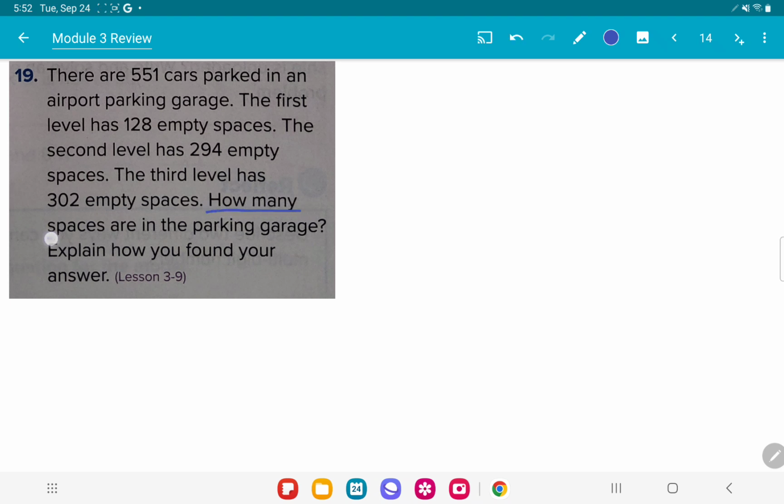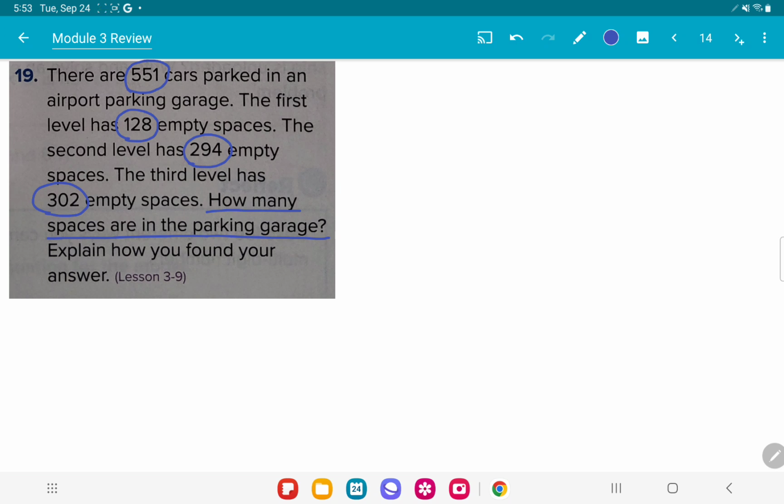I'm looking for how many spaces are in the parking garage. So it tells us there are 551 cars parked in an airport parking garage. The first level has 128 empty spaces. The second level has 294 empty spaces. And the third level has 302 empty spaces.